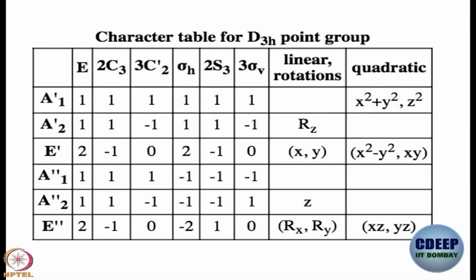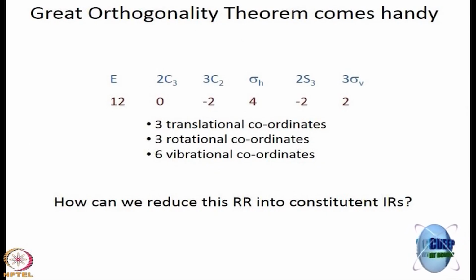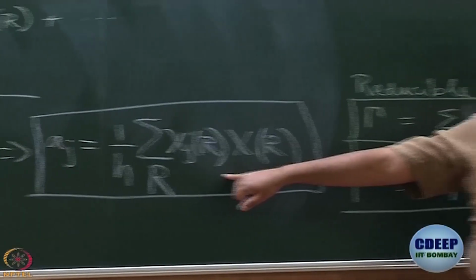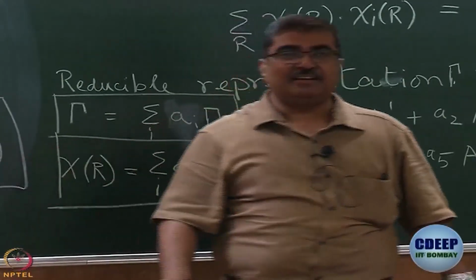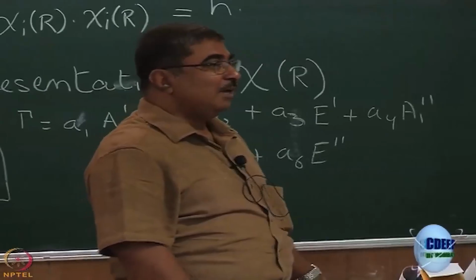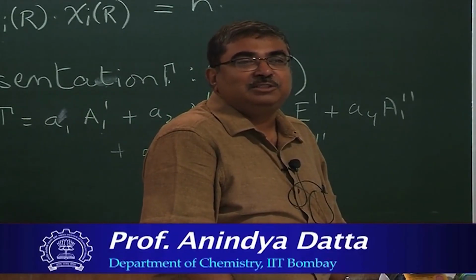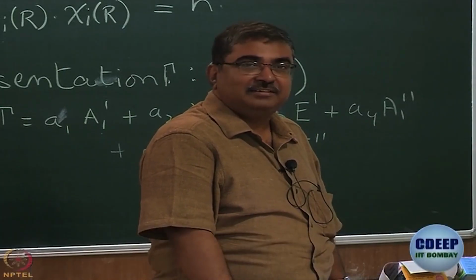Now, I want some answers. Homework: you have this character table D3h, you have this reducible representation, and you have this rather simple mathematical expression by which you can decompose, or maybe again I will resort to dramatics a little bit, by which you can reduce the reducible representation into its constituent irreducible representations that cannot be reduced any further, right.